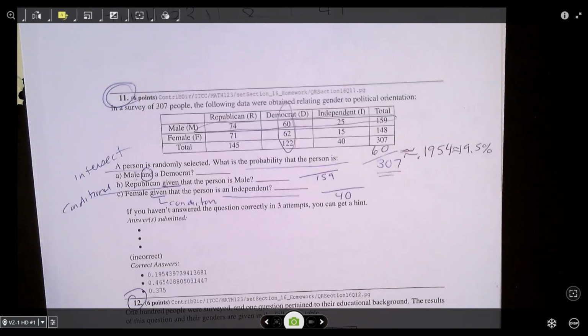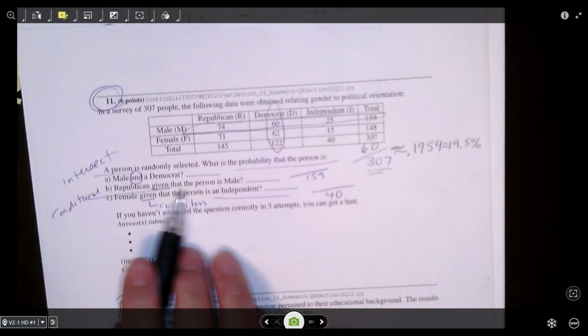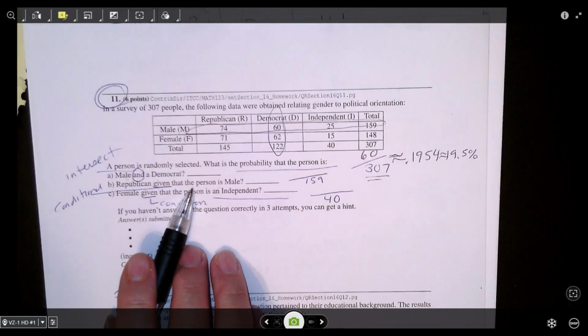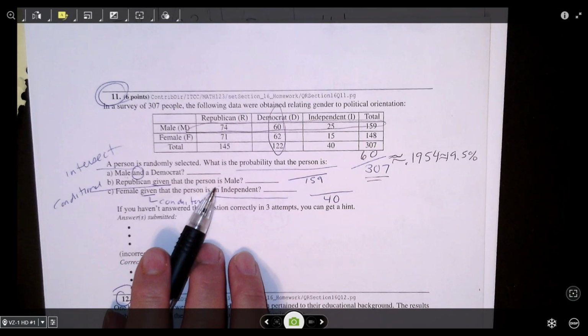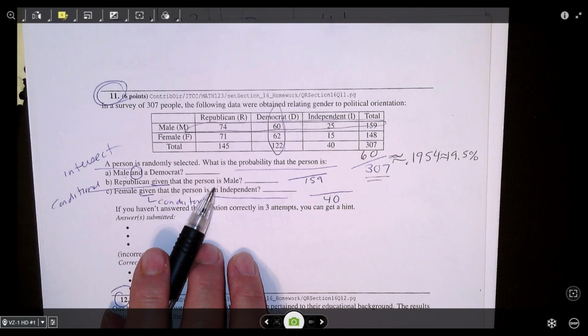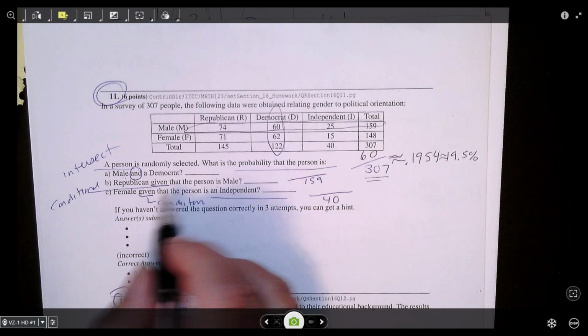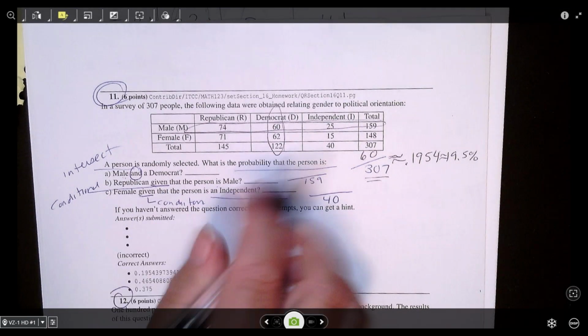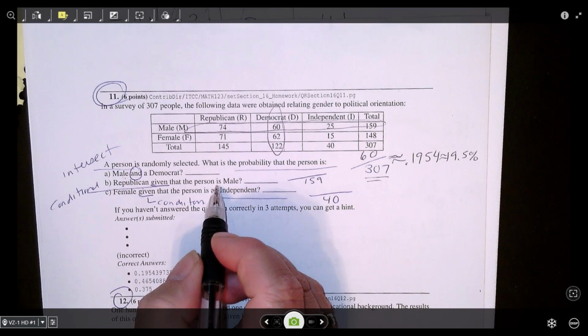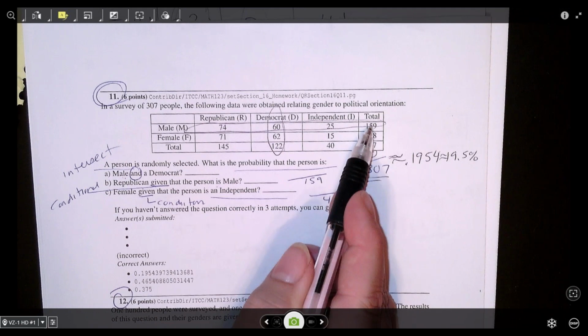The next one says Republican given that the person is male. Is this real blurry or can you see it? Do I need to make it larger? It looks good to me. Okay. This is a conditional, so no longer are we doing all 307. It's only the males, which is 159.